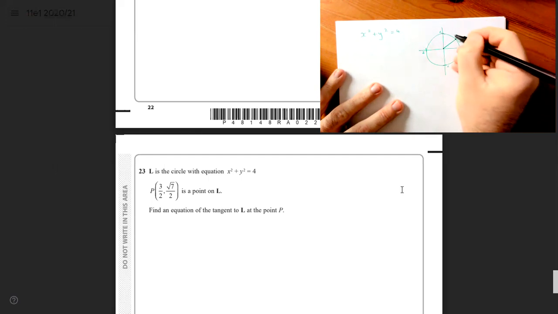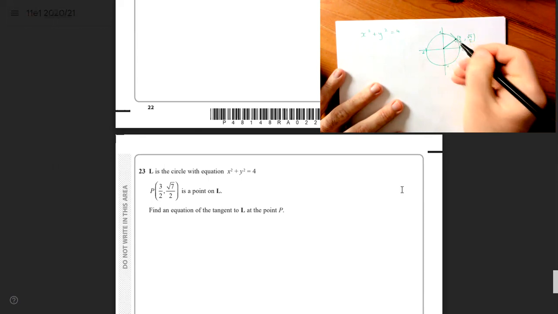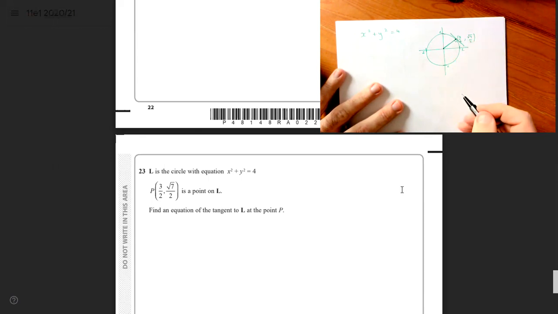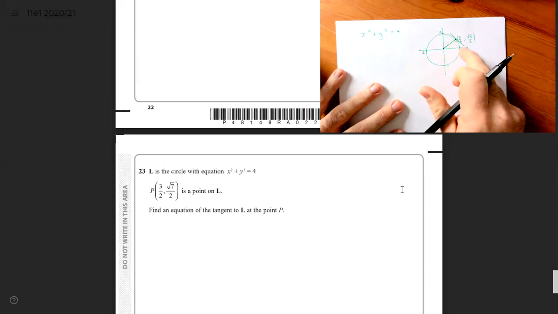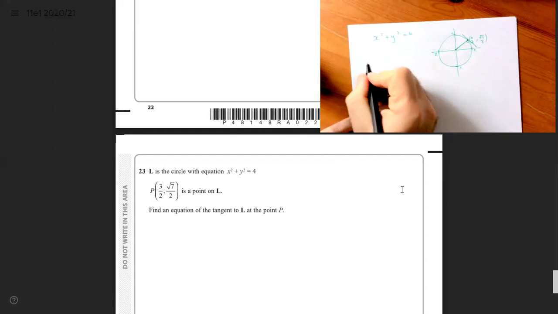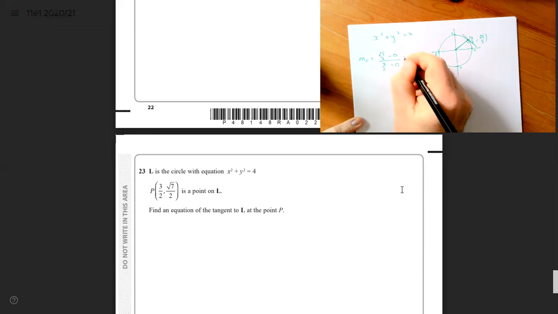Now the tangent is the line that just touches, perpendicular to your radius. A tangent and a radius meet at right angles. So if I work out the gradient of the radius, I will then know the gradient of the tangent. So the gradient of the radius is y2 minus y1 over x2 minus x1, which is root 7 over 3.